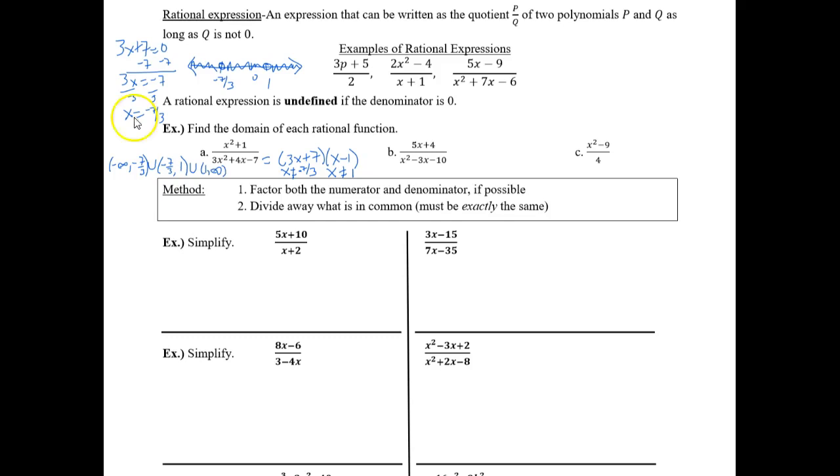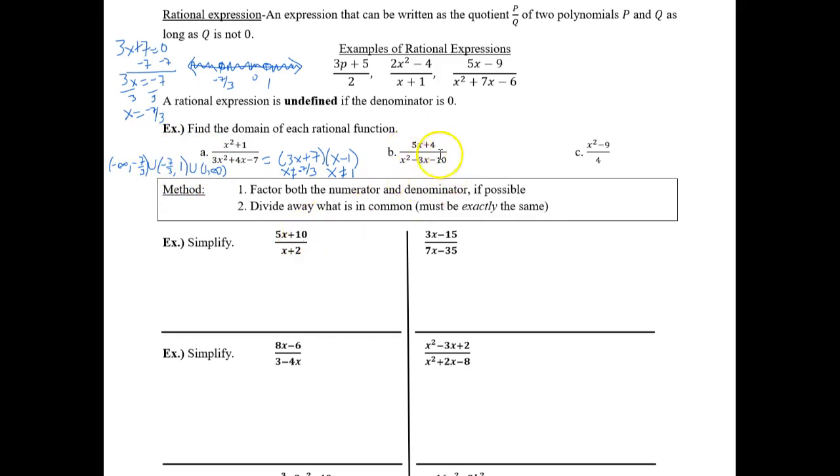So it goes again from negative infinity up to negative 7/3, and then we need this piece here, so from negative 7/3 to 1, and then from 1 to infinity. So we have to get all three sections here, union in between, saying that x could be here or there.